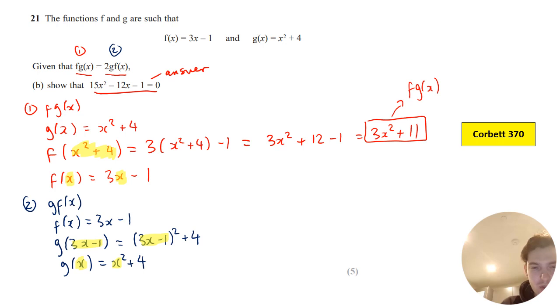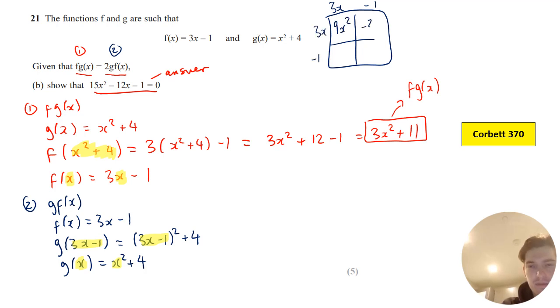Okay, so how do I do this? Well, I think it would make sense to do a box. So let me do my box up here. I'm going to do 3x minus 1 times by 3x minus 1. So that is 9x squared minus 6x plus 1. But I've also got this extra plus 4. Don't forget about that plus 4.